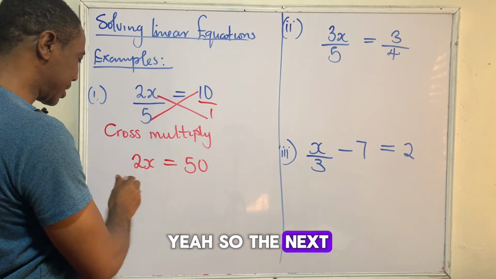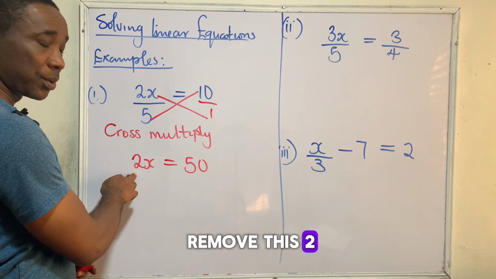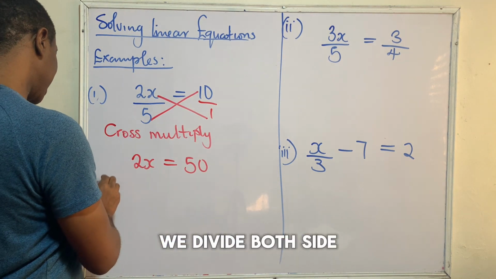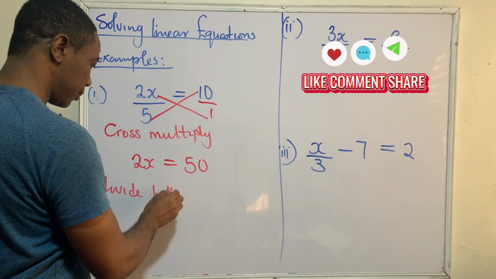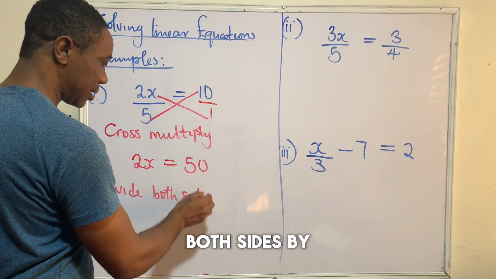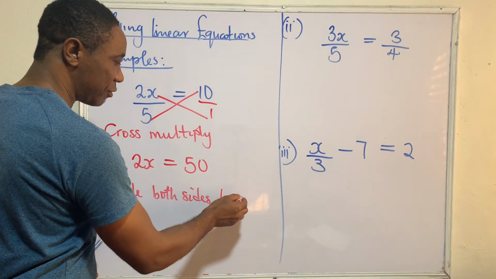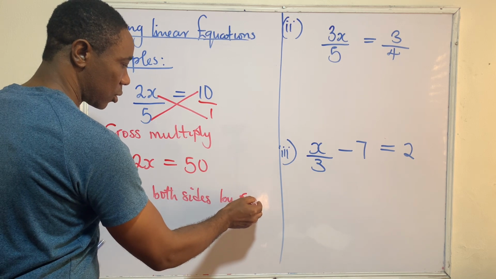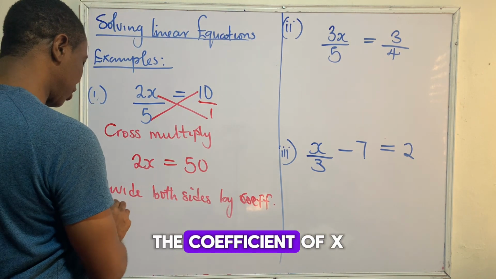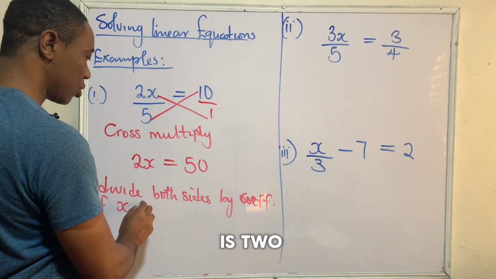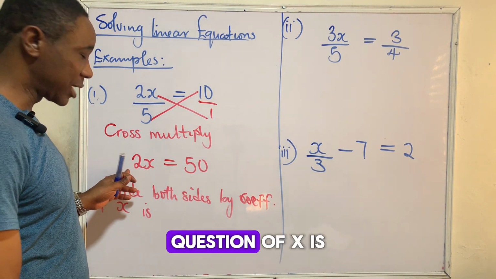Yeah? So the next thing is what? To remove these two, we do what? We divide both sides by the coefficient of x. The coefficient of x is 2.